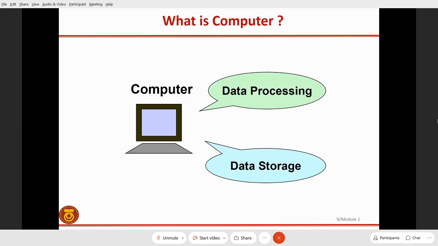You will regularly hear this, so you have to remember it, because it's very important for this course to be able to distinguish between these two. As of now, what you have to understand is that a computer does data processing, and after processing, it does storage, storing the data.